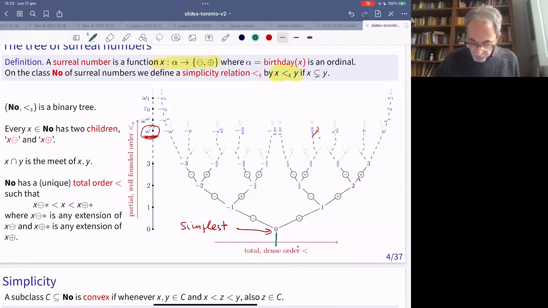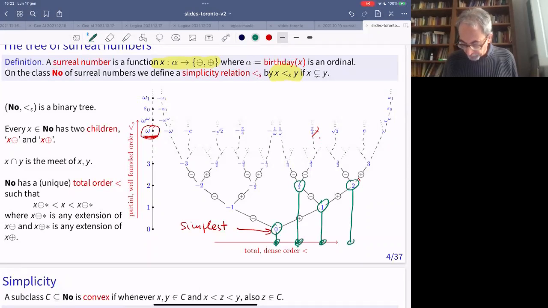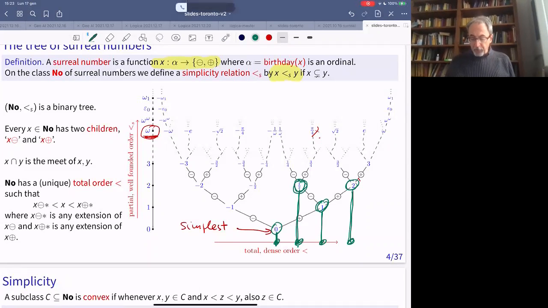So imagine that you project the nodes of this tree on a horizontal line, and then you get a total ordering. So for instance, you have 0 here, and then on the left of it, you have this one that I called 1/2, then you have 1, then you have 2.